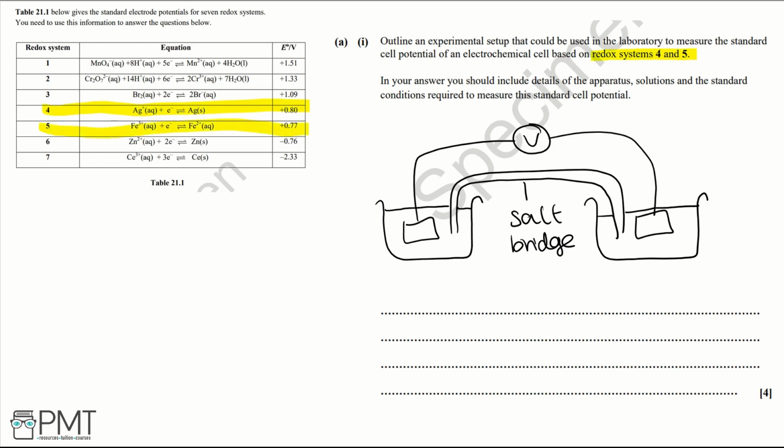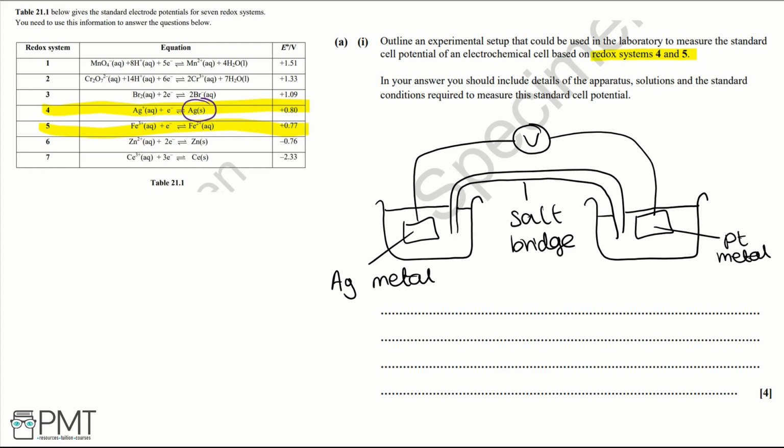In redox system 4, we're using a silver solid. So that's going to be what our electrode is made of. We're going to have silver metal, and then in our redox system 5, we don't have a solid produced or reacting. So our electrode is going to be made of platinum metal.